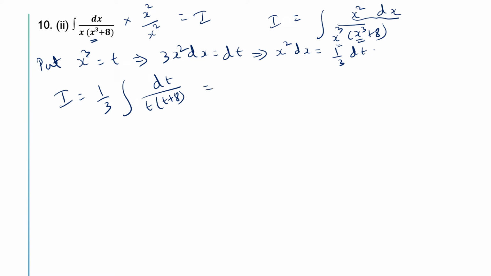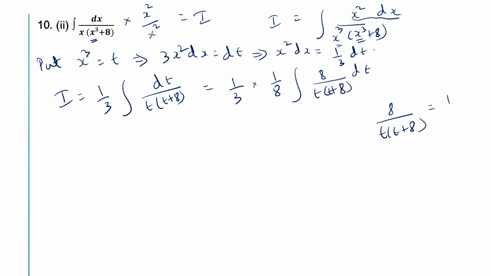So this we can simplify as this is equal to 1 by 3 into, let us multiply and divide by 8, integral 8 upon t into t plus 8 into dt. Now this 8 upon t into t plus 8, it is nothing but 1 by t minus 1 by t plus 8.